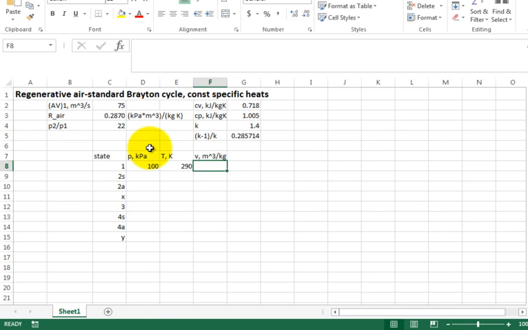And then let's use our equation for the specific volume. It's equal to R. Come up to this cell, grab R for air, times the temperature there, divided by the pressure. That's fine. If you use Excel a lot, sometimes you like to drag the formula down.